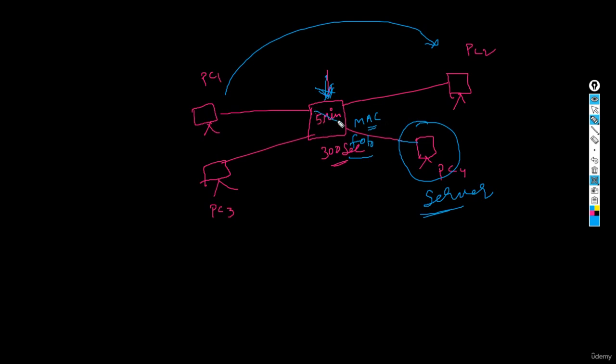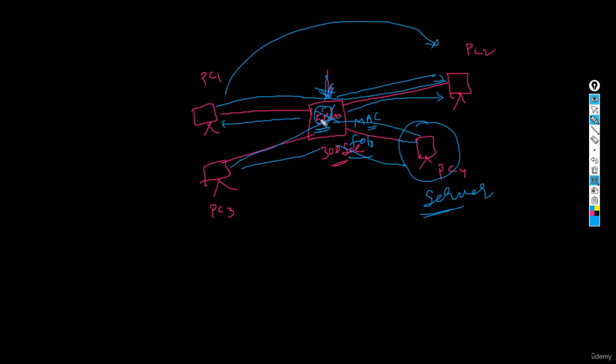If the switch erases the entry from the MAC table, it will do a broadcast. The first time, when the switch doesn't know any MAC address, it will do a broadcast. For example, this device sends some traffic to this device. The first time it will broadcast, and then it will learn this MAC address and this MAC address and store them in the table. If these devices are communicating, it keeps them in the table.